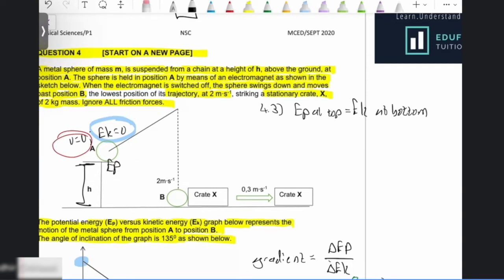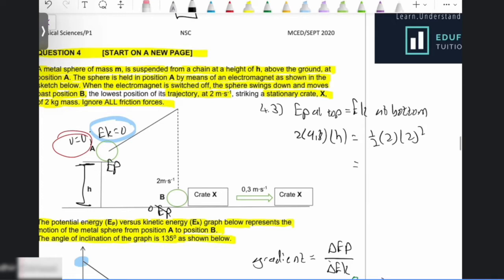Because there's no potential energy at the bottom, and at the top there's no kinetic energy. So here it's just your mass of 2 kilograms times 9.8 times the height that we need to calculate. EK at the bottom is a half times 2 times the velocity squared, 2 squared.